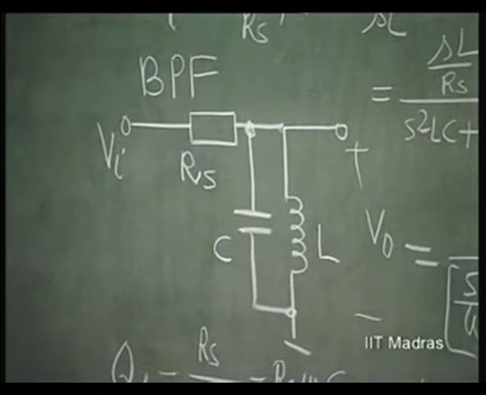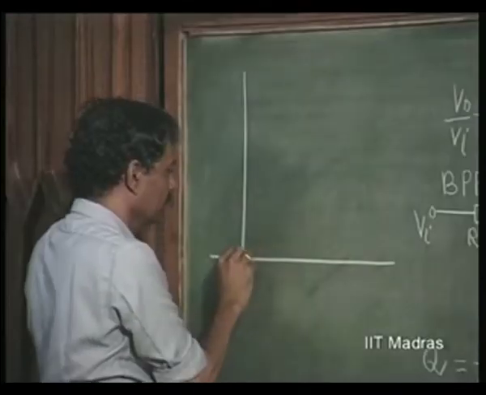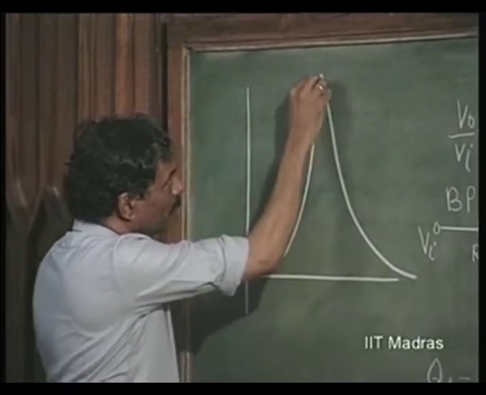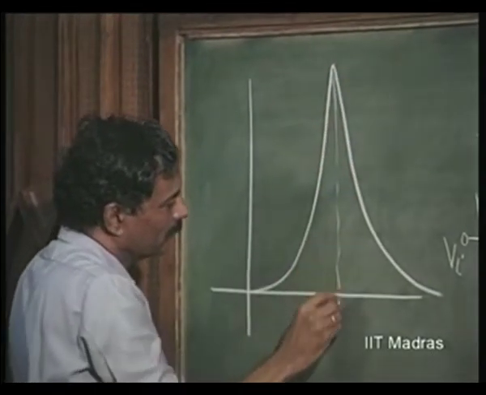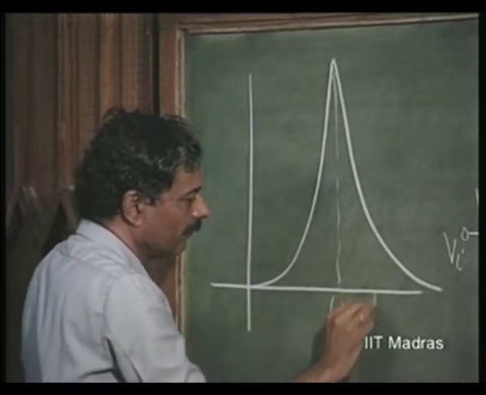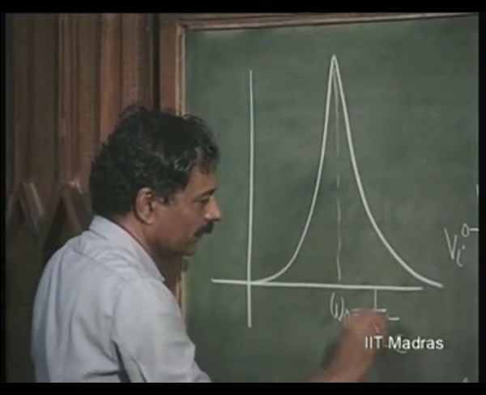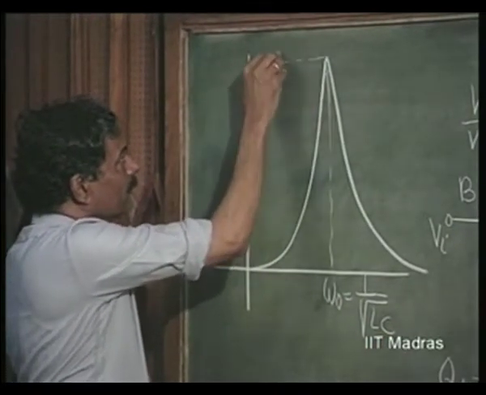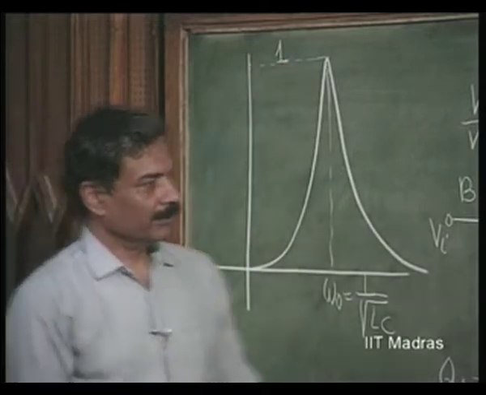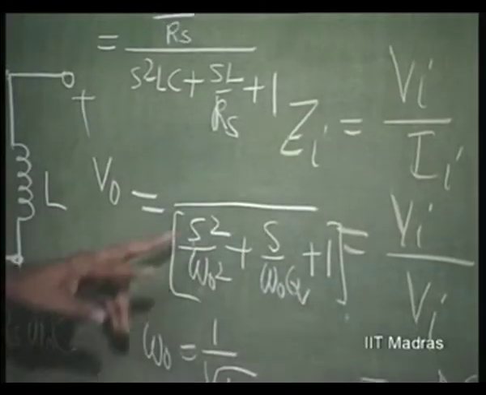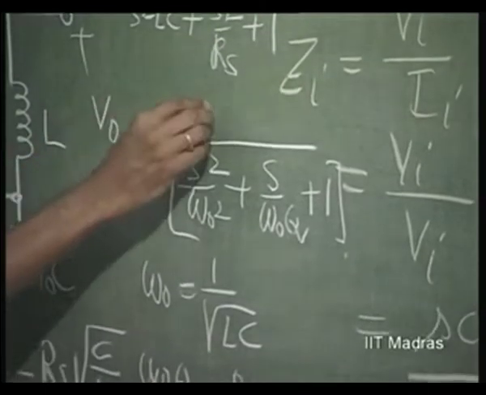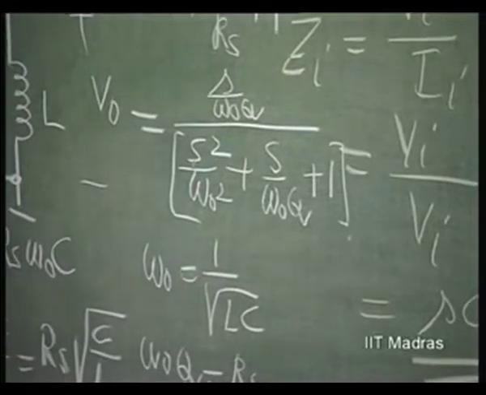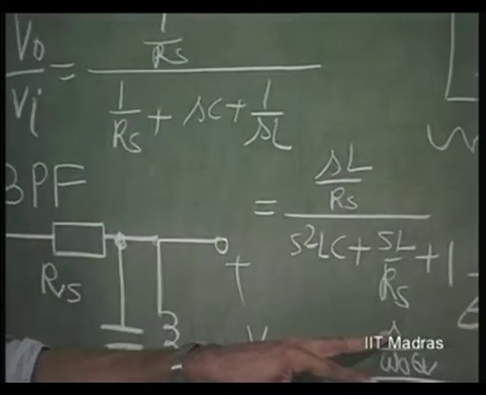So, how will the response look? The center frequency omega naught is going to be 1 over root LC, and at resonance this is going to be 1, because put S equal to j omega naught; in fact the numerator is also going to be S by omega naught Q, because it is the same as SL by Rs.